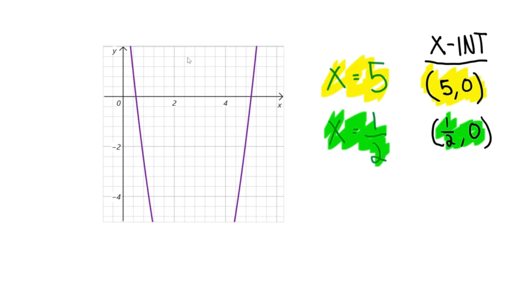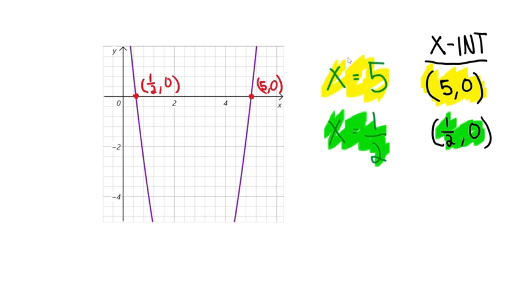Visually, you can actually see right here how we have an x-intercept of the quadratic equation at 5, 0. And we also have right here an x-intercept of 1/2, 0.